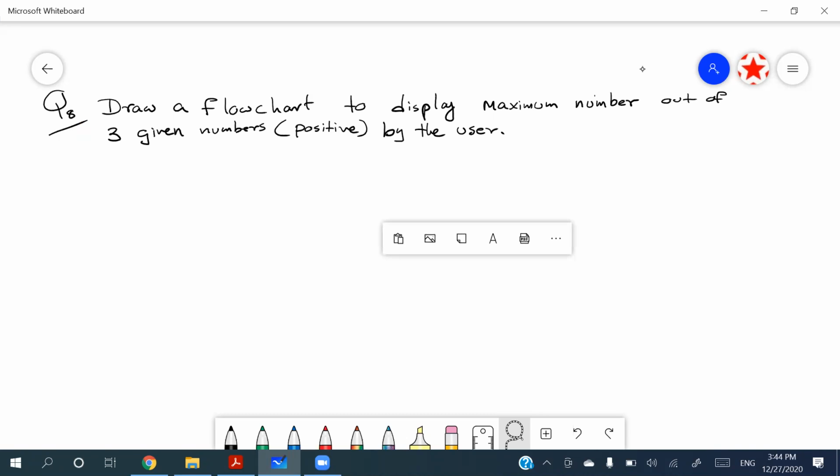So in this case, the challenge was to take the maximum number out of three given numbers.